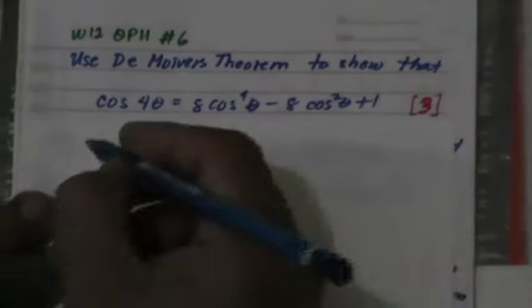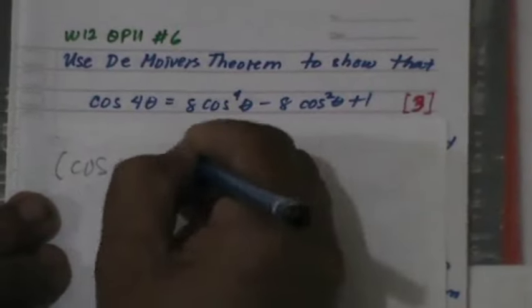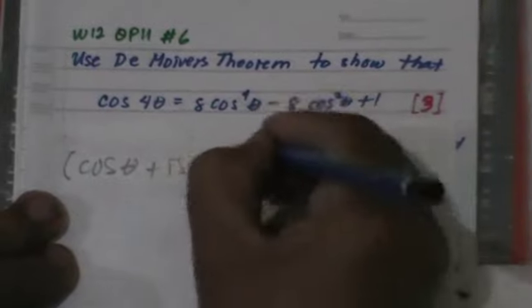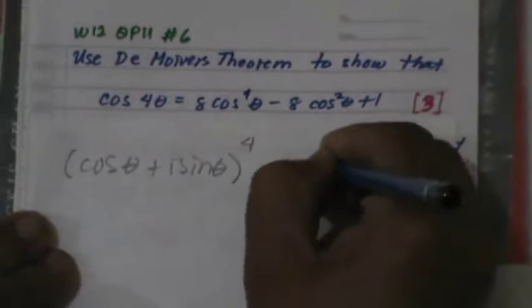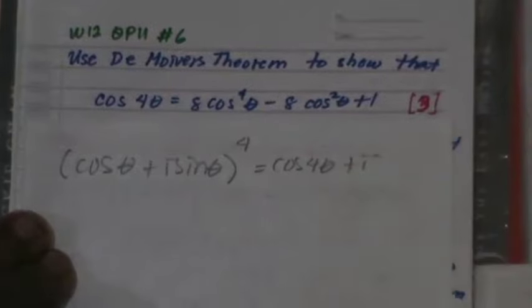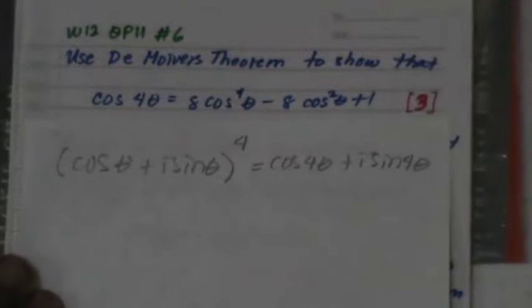Again, we have cosine theta plus i sine theta raised to the 4, and that is equal to cosine 4 theta plus i sine 4 theta.